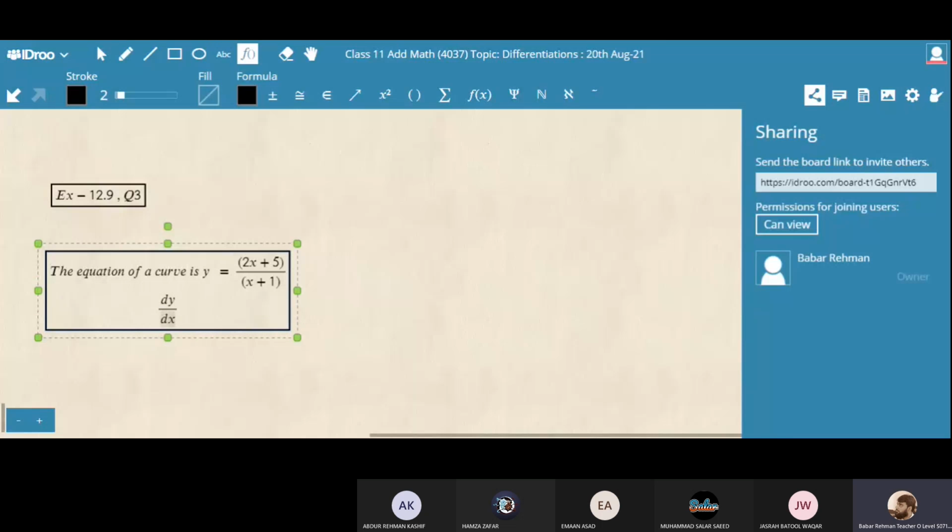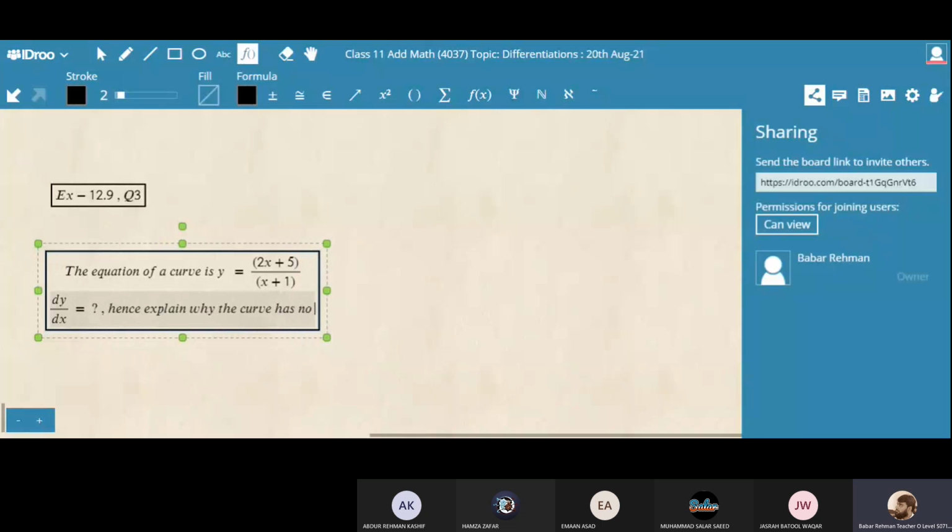You have to find dy by dx and hence explain why the curve has no turning point. Sometimes no turning points are there.